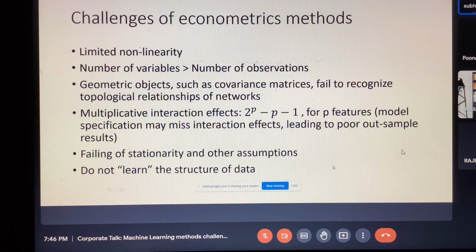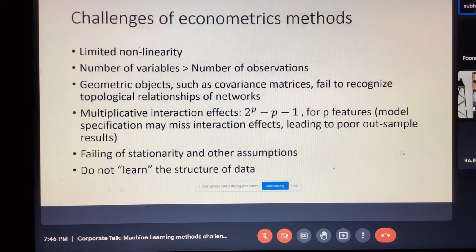Now, the next thing is stationarity. When you are working on time series, you have unit root tests, ADF tests, and non-stationarity issues, and you know that if there is a unit root, then it's non-stationary and you rule that out.